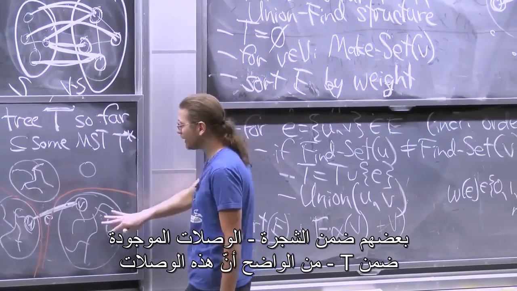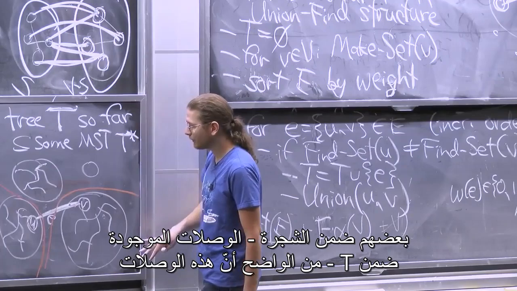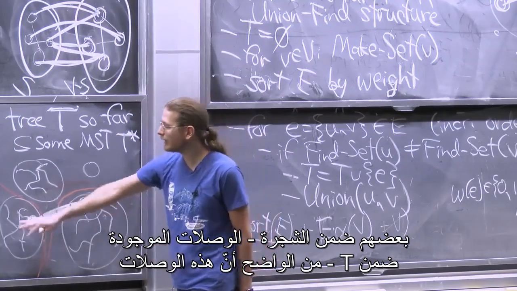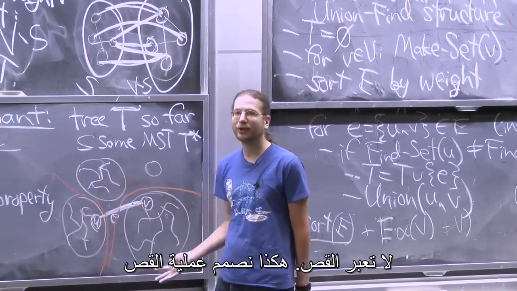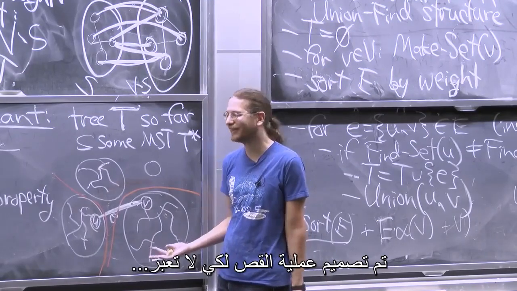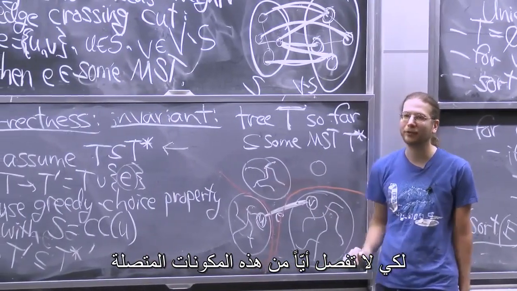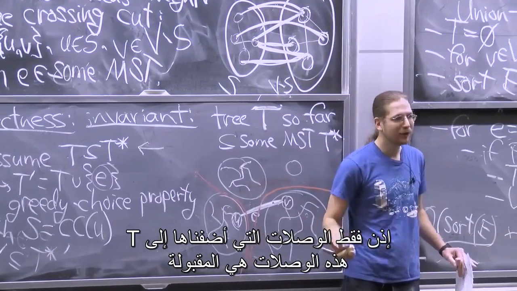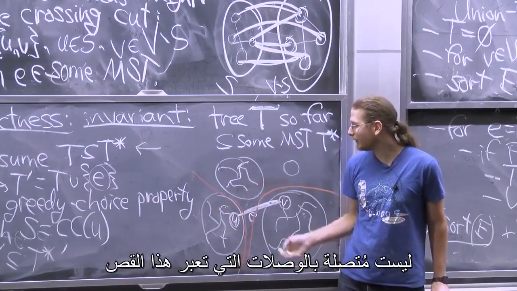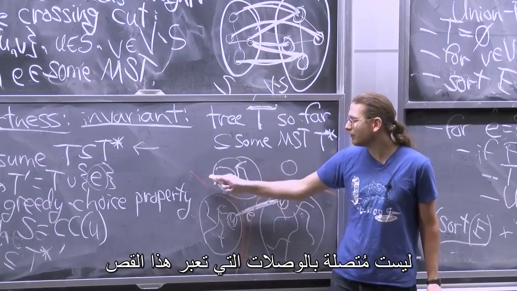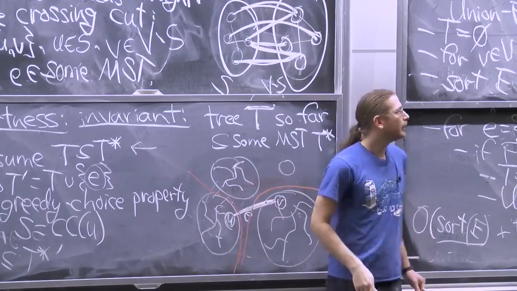Some of them are in the tree. The edges that are in T, those obviously don't cross the cut. That's how we designed the cut. The cut was designed not to separate any of these connected components. So all the edges that we've added to T, those are okay. They're not related to the edges that cross this cut.